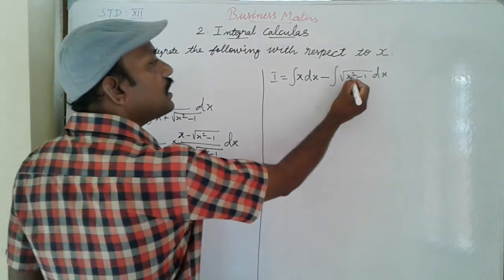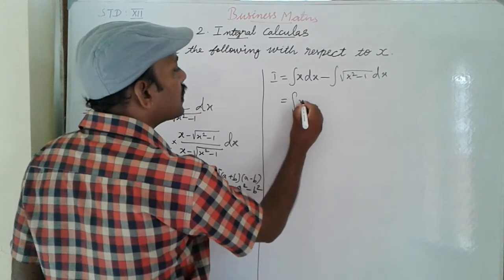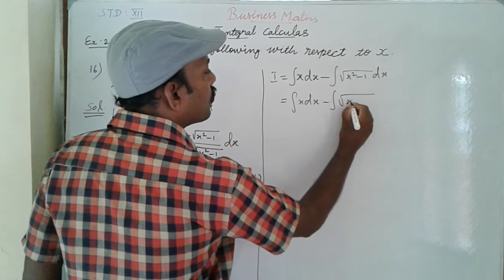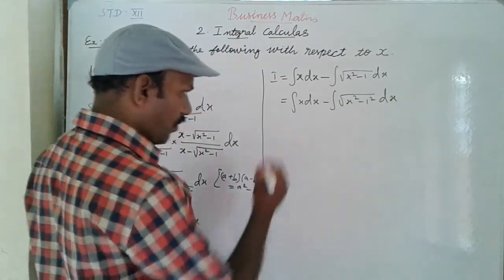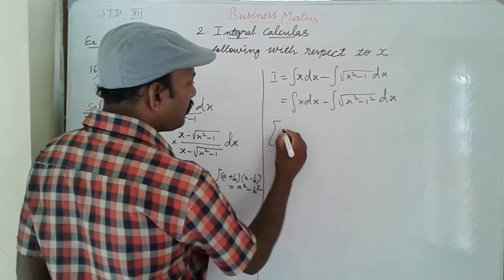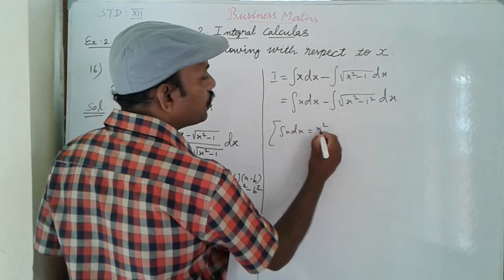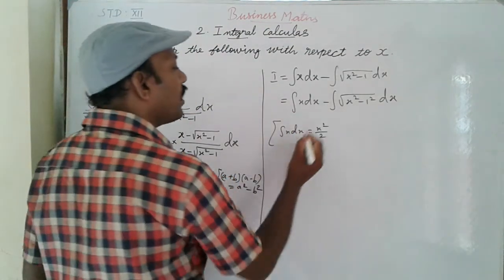So we should change it to the x square minus a square form. So integral x into dx minus integral root of x square minus 1 square into dx. We know the formula: integral x into dx equal to x square divided by 2.